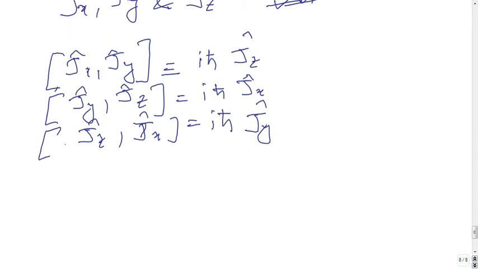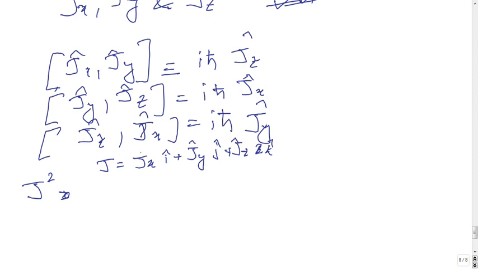And another operator, J squared, is the total angular momentum of the particle in the x, y and z directions, that is, J is Jx i cap, Jy j cap and Jz k cap.